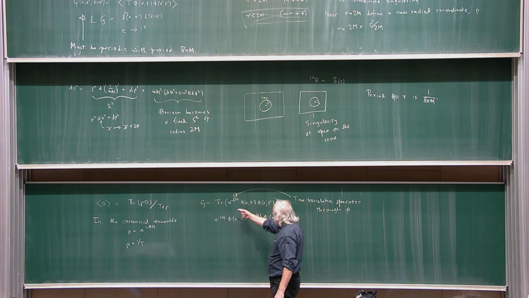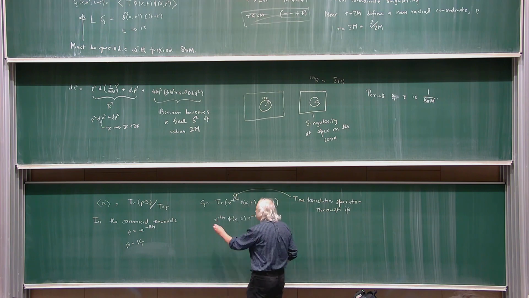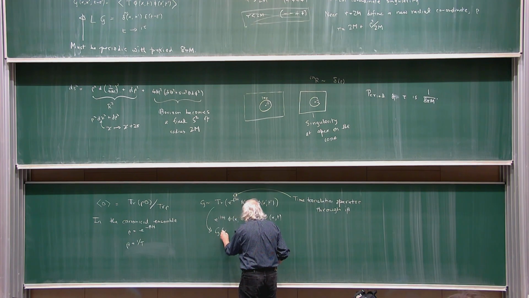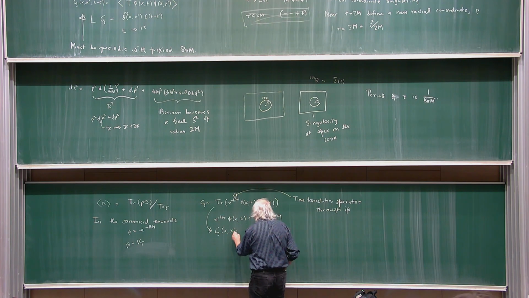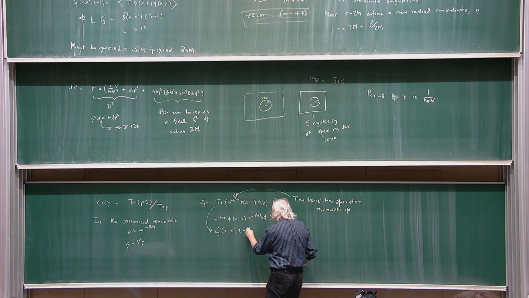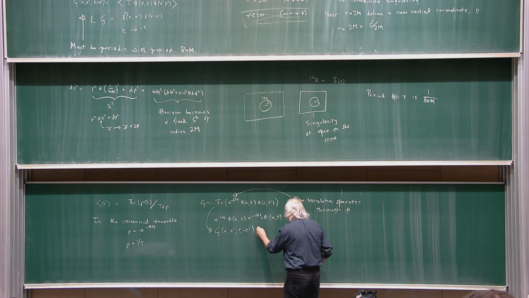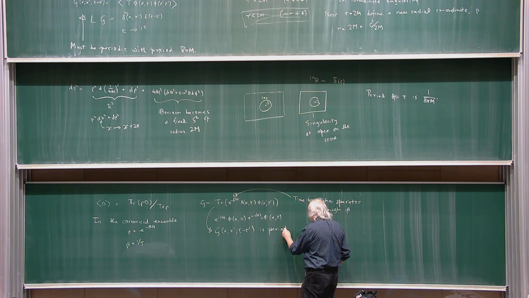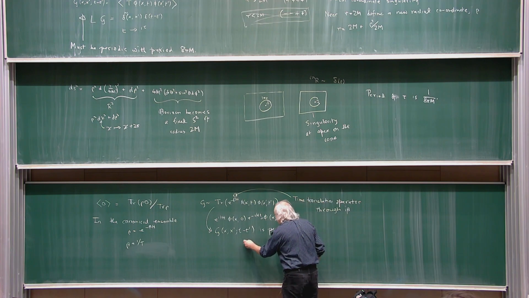This condition implies that g of x, x prime, t minus t prime is periodic with period i beta.